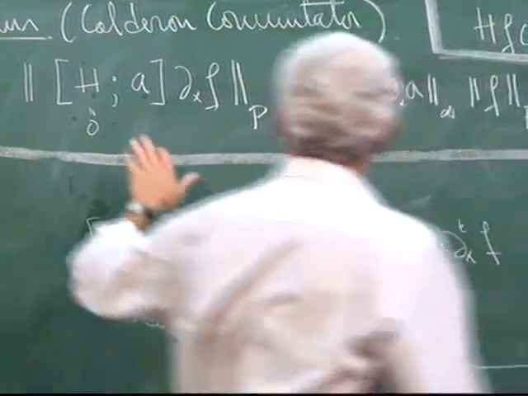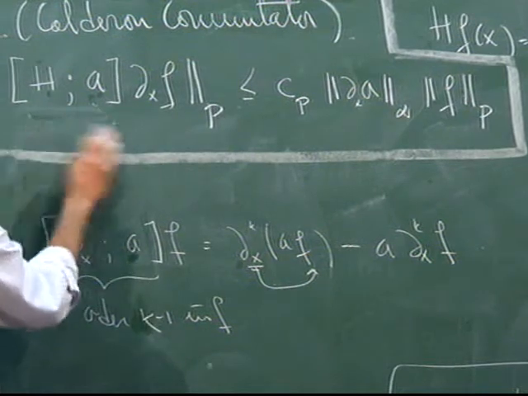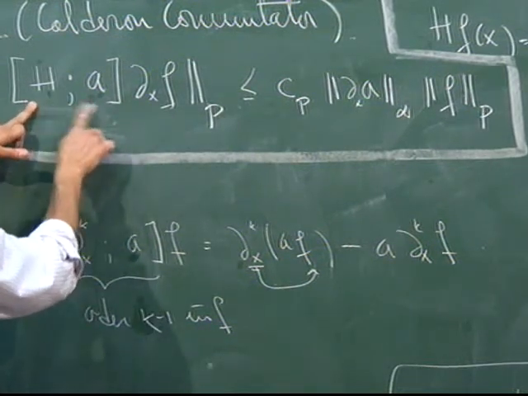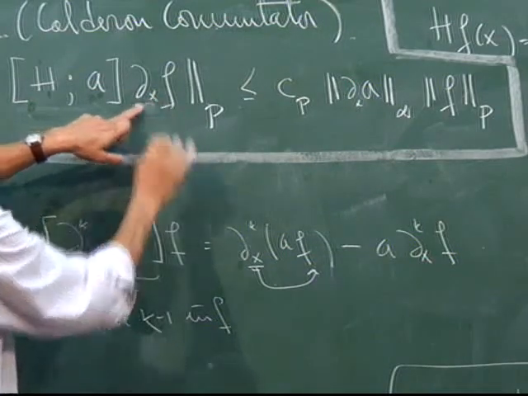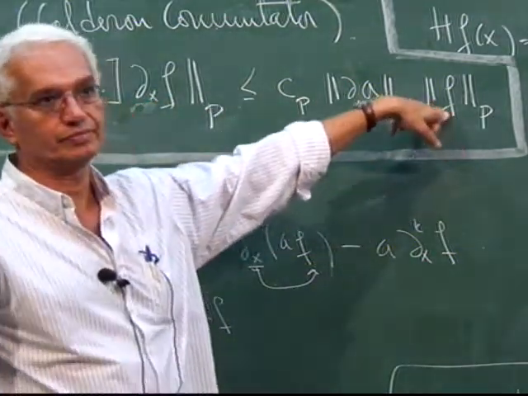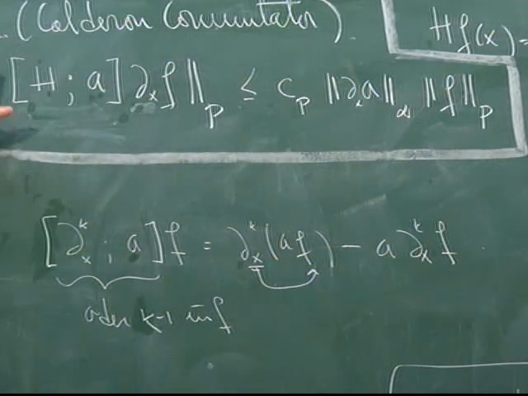This is multiplication by A, that is order 0. Then this should be an operator of order minus 1. Therefore, when you compose with this, that has order 1, you still have order 0. Okay, this is a very important estimate.